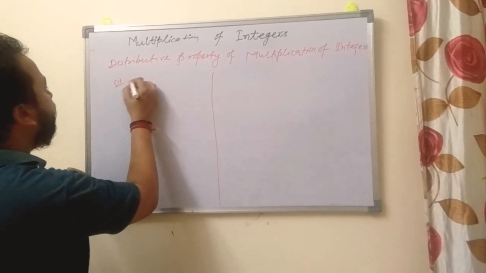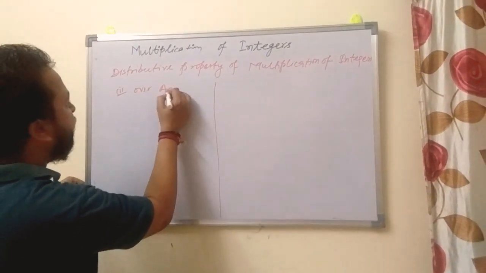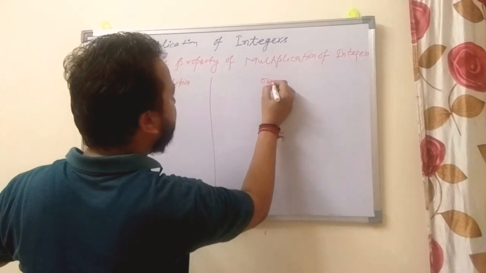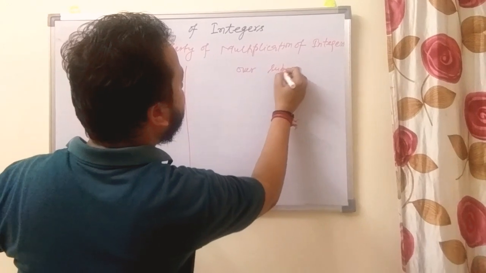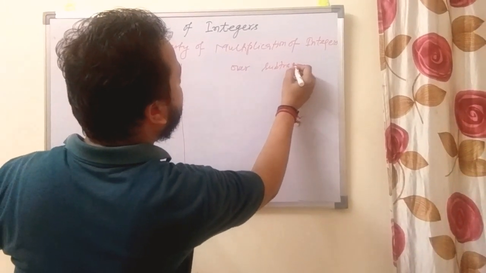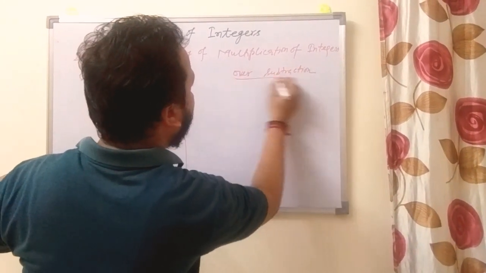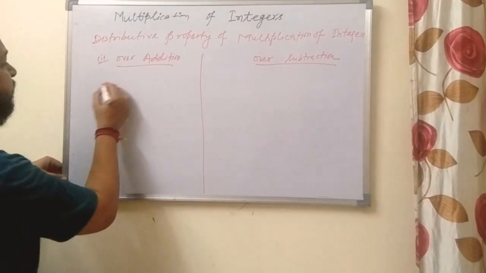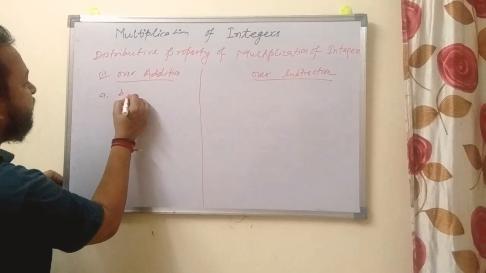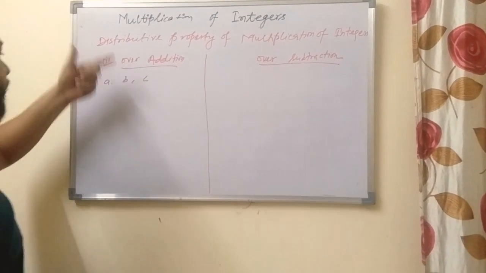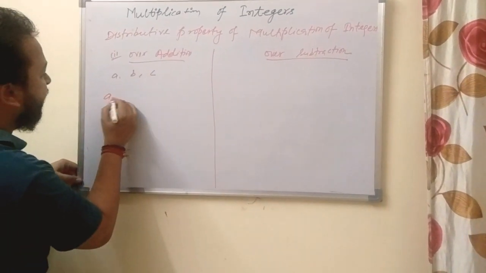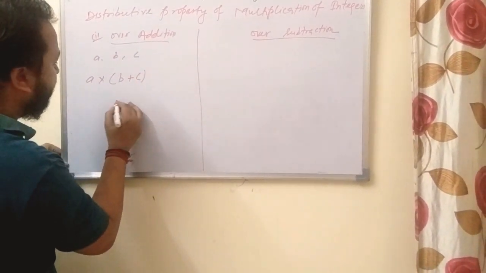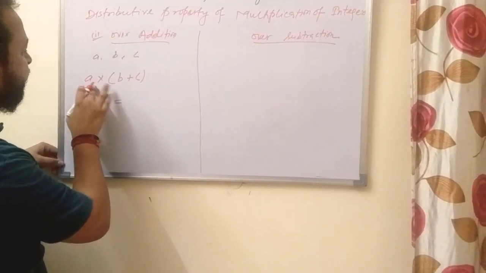First one is over addition and second one is over subtraction. So if there are three integers, suppose a, b and c, this property states that a multiplied by b plus c, we'll get the same answer.